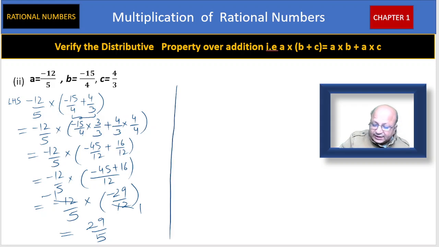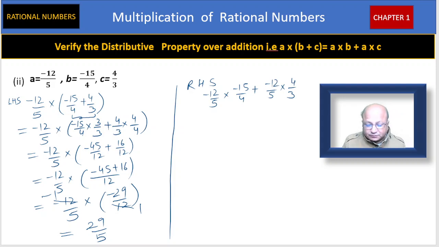So move on to RHS. A into B plus A into C. So A is minus 12 upon 5 multiply by B minus 15 upon 4 plus minus 12 upon 5 multiply by 4 upon 3.